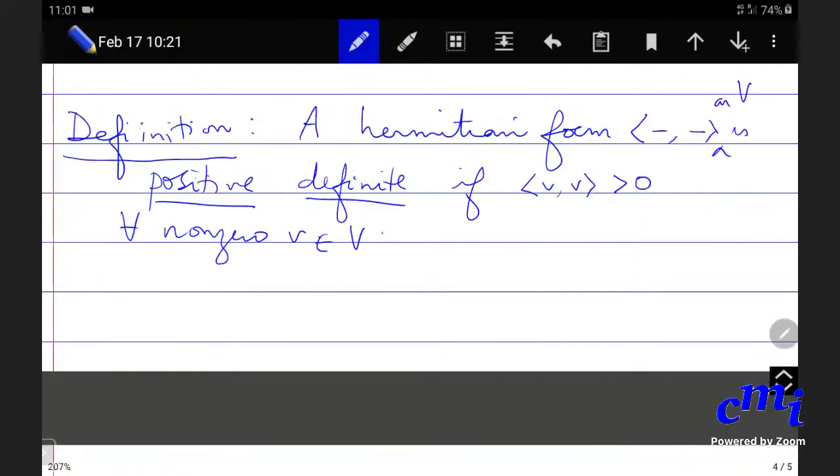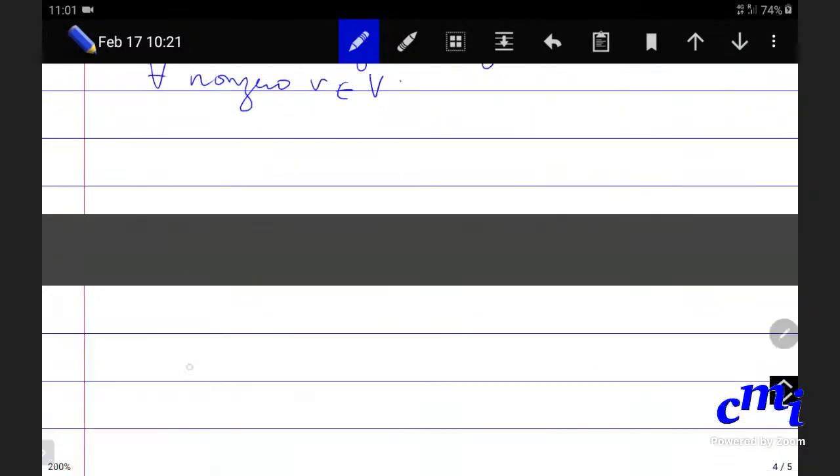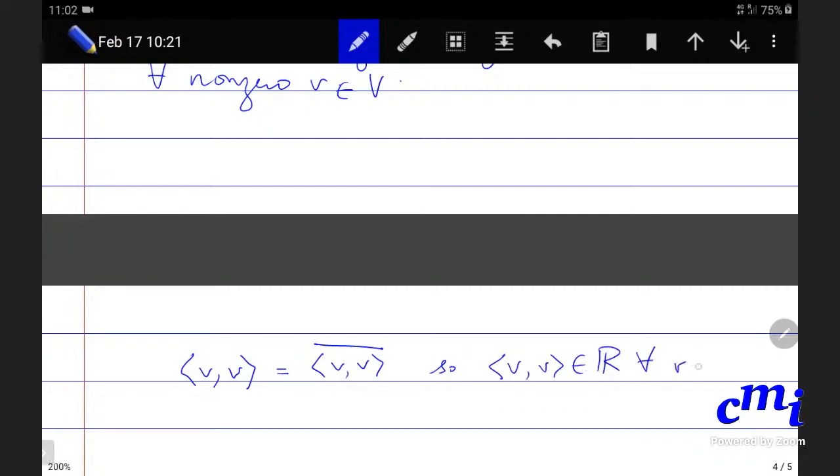Recall that since it is a Hermitian form, if I swap the two vectors, I should get the complex conjugate, not the transpose, just the conjugate. So ⟨v, v⟩ is inside R for all v.